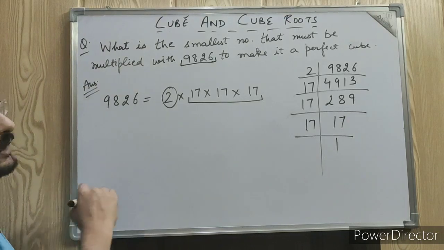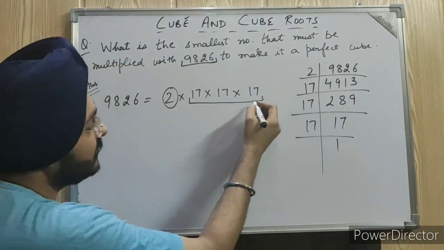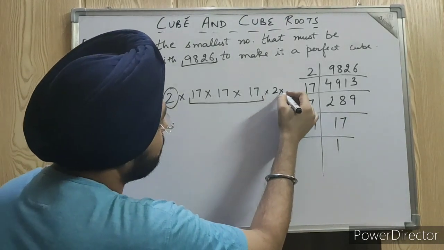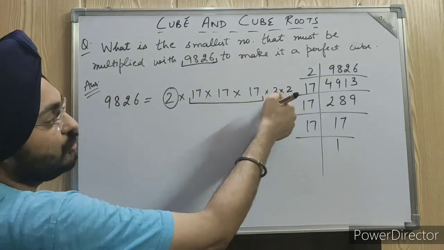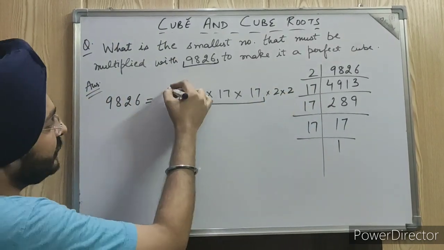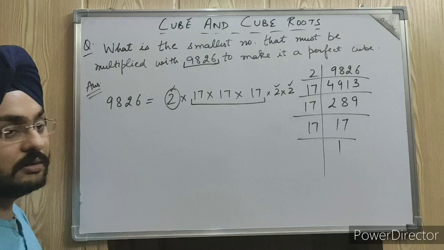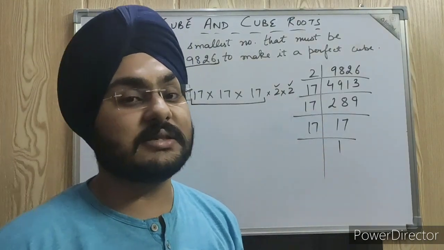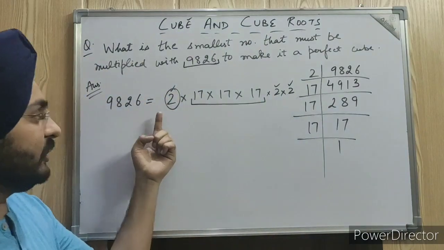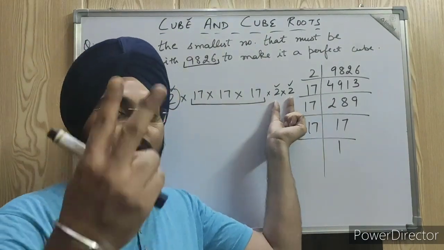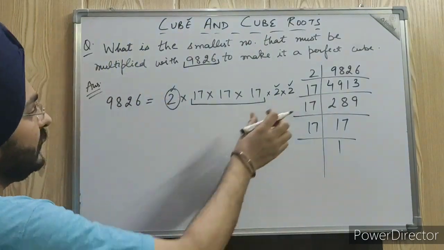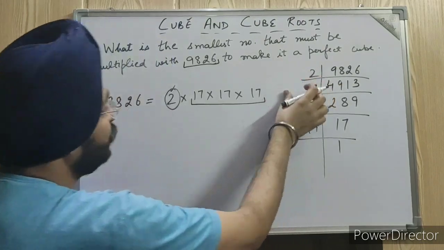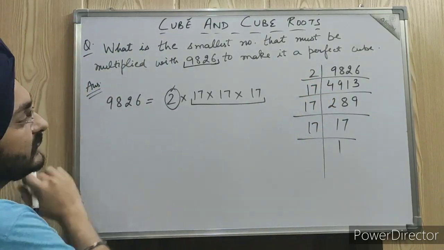We have to multiply this 2 with how many 2's to make a triplet. So if I will be multiplying this number with two 2's, then it will be forming a triplet or not? 1, 2, 3. Total 2's we required are 3 here. 1 we have, so how many more? 2 more. So if I will be multiplying this with two 2's, then I will be getting this as a perfect cube.